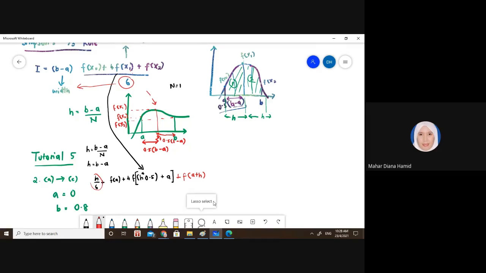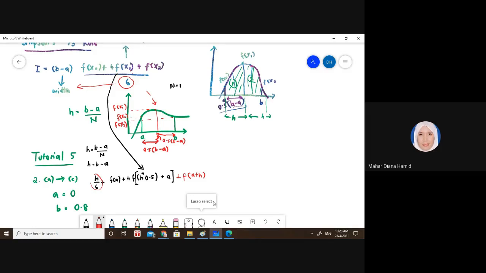The reason why I want you to do this is because maybe in your examination, instead of asking you to solve a certain equation using the trapezoidal rule, I might ask you to come up with your own codes for a given equation. For example, in this particular tutorial, I didn't give you the codes for Simpson's three-eighths rule.